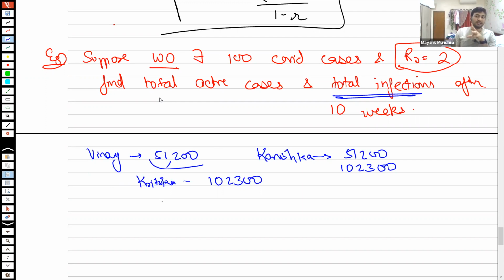Total infections would be 300 because I got infected in the past, right? So I'll still be counted. Makes sense. Thank you, sir. So you usually see these two things being reported. These two things are the most often reported statistics: total active cases and total infections.